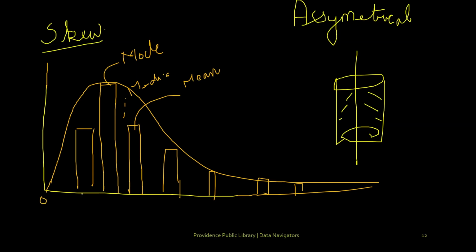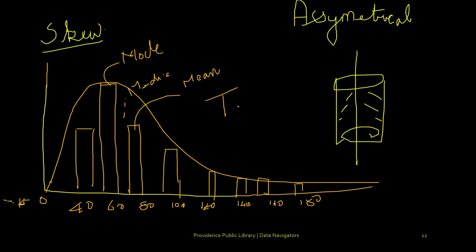This is 0 in the graph. Let's say this is something like 40, and this is 60, and then 80, 100, 120, 140, 160, and 180. And here it goes negative, -40, on the negative side. So this is the positive side. This we call a tail, like the tail of a mouse.